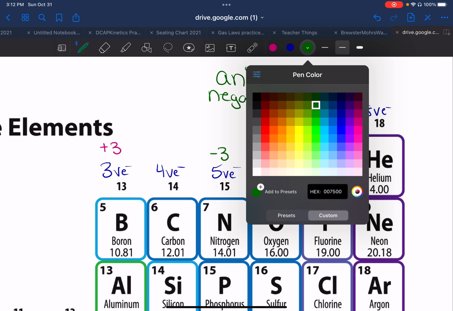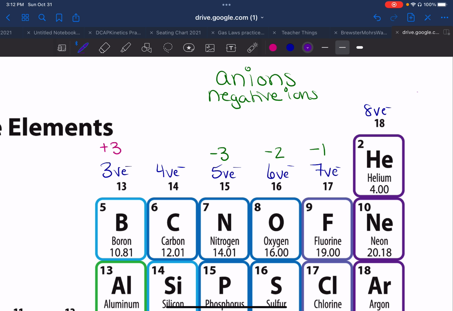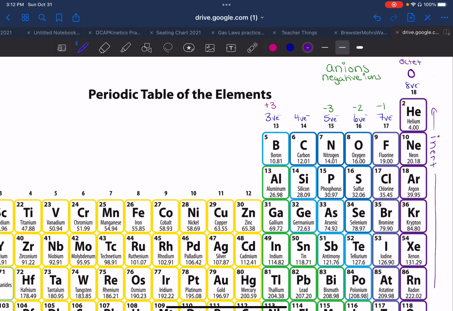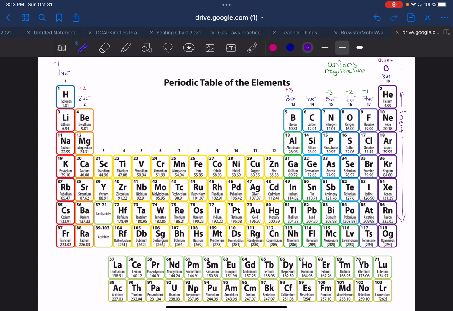And just to clarify this, group 8 is a 0 charge, because they're very content and very happy where they're at, because they have a full, vocab word, octet, which makes the noble gases, we say, inert. So those are some things we should know.